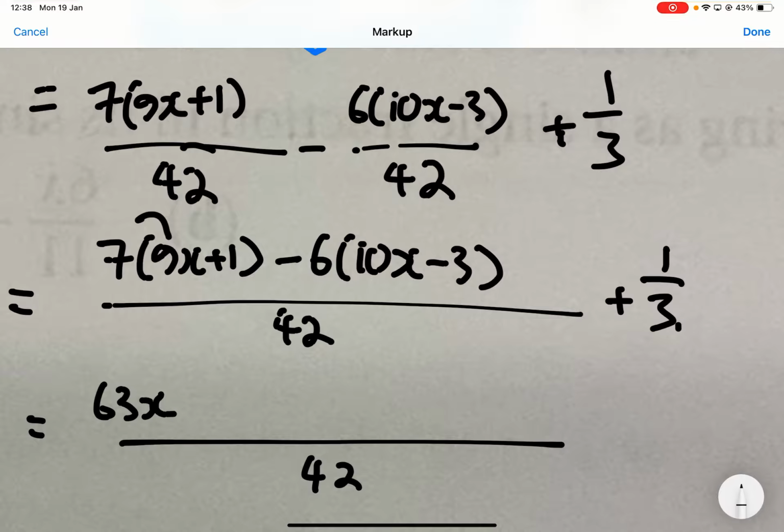If you cannot work out mentally, press calculator. 7 times 9, 63. Then there is a multiply x, so 63x. Then my 7 must multiply the 1. 7 times 1, 7.